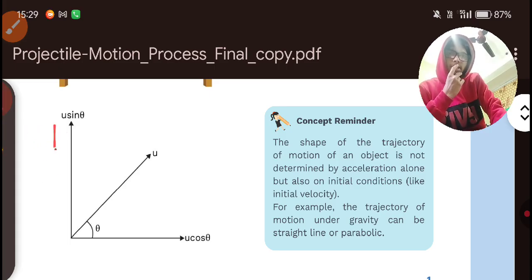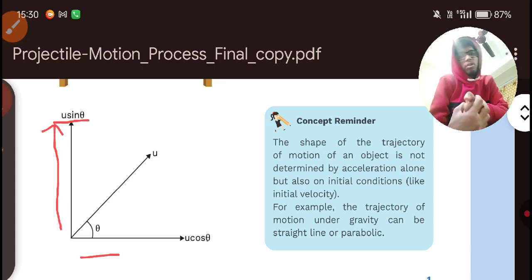Try to understand this vertical. When it comes to mathematics, this vertical we will call u sin theta. This horizontal we will call u cos theta. Here u is the velocity with which the object will be thrown. So u, then we have multiplication by cos theta.